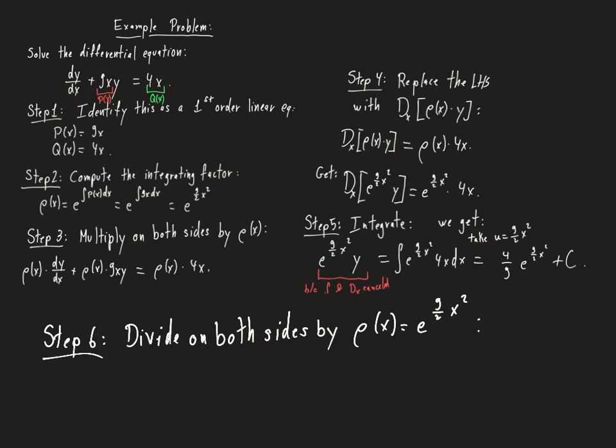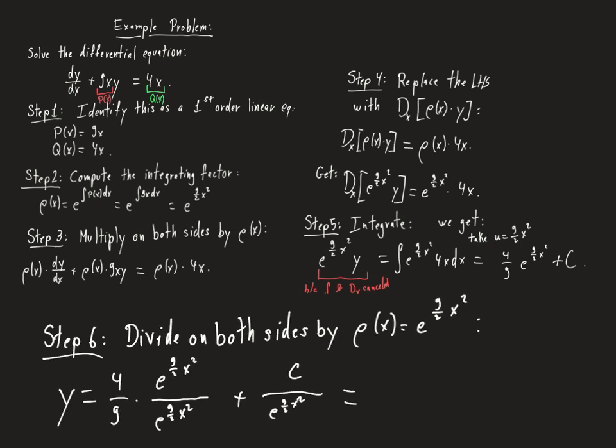Doing this gives that y is going to be equal to 4/9 times e to the 9/2 x squared over e to the 9/2 x squared plus c divided by e to the 9/2 x squared.